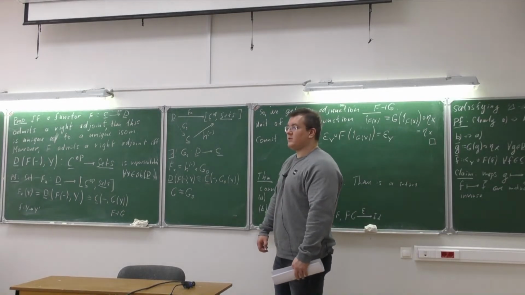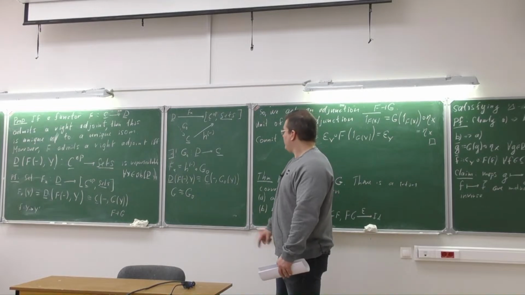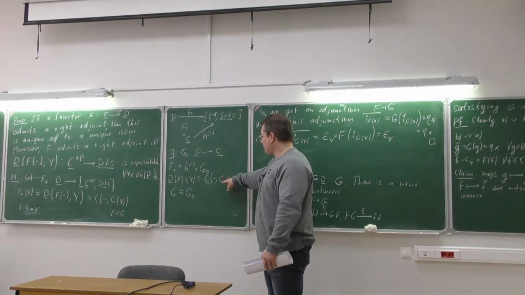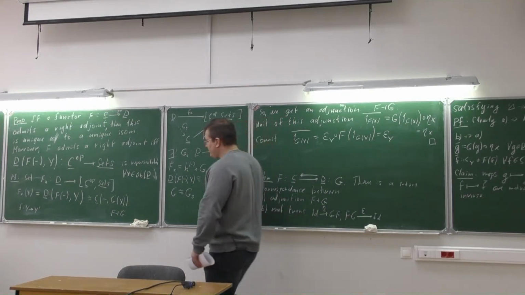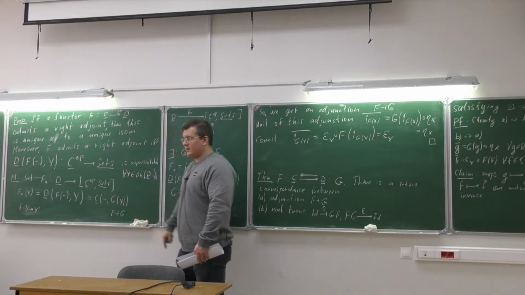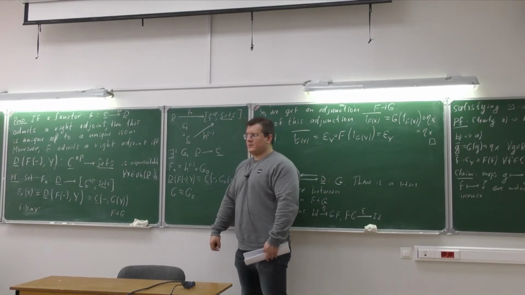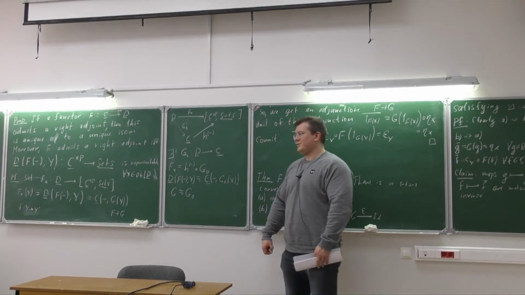Well, let's start with a simple thing. Do you see why G0 of y for any y is the same as G of y? Because of the transitivity of the equivalence? No, I don't think so.